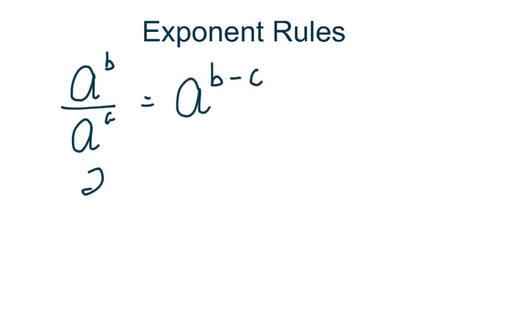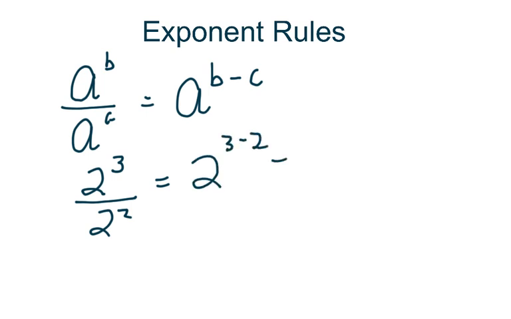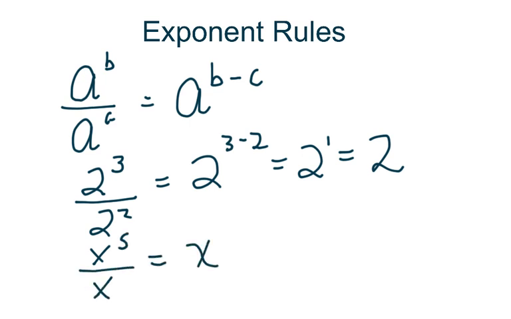So if we have 2 to the 3rd power over 2 squared, that becomes 2 to the 3 minus 2, or 2 to the 1st, which simplifies to just 2. And likewise with variables, if we have x to the 5th power over x to the 1st power, that becomes x to the 5 minus 1, or x to the 4th.